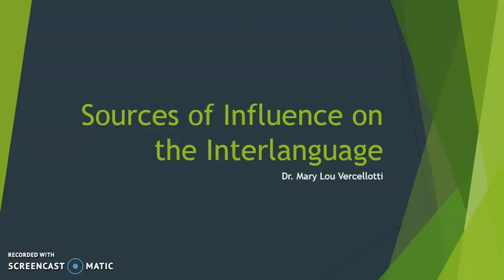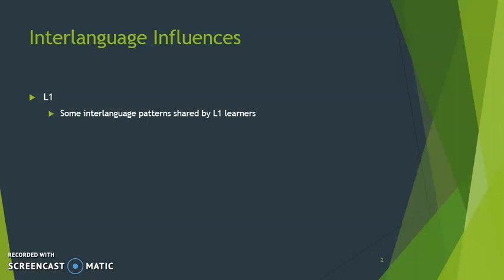in this screencast we're going to review some of the sources of influence on the interlanguage. Now, when we think of interlanguage influences, we might first think of the L1. There's a difference between how the L1 has a structure than found in the L2, and maybe the learner is having a difficulty because the L1 is interfering with the L2 development.